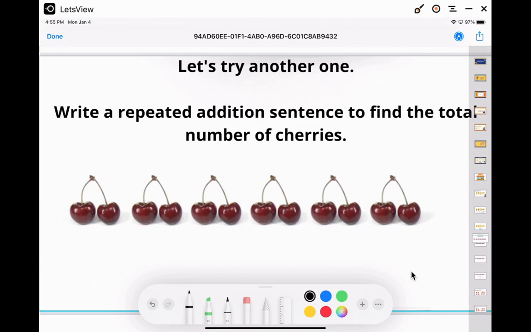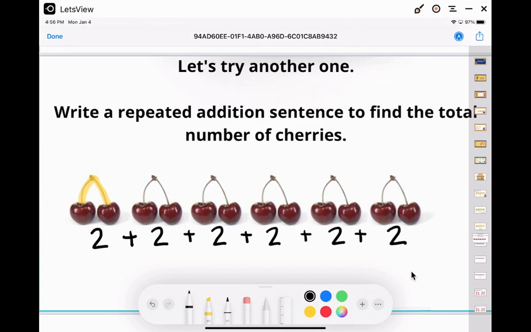Well, guys, when I look at my cherries, I see that there are 2 cherries in each set. And because there are 2 cherries in each set, my repeated addition sentence would be 2 plus 2 plus 2 plus 2 plus 2 plus 2.